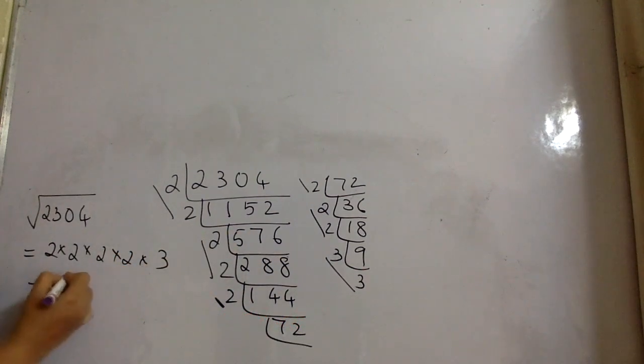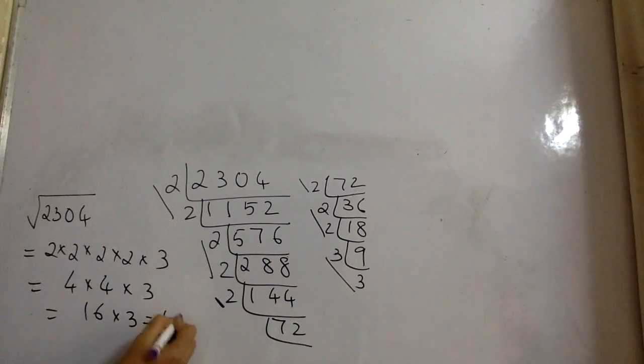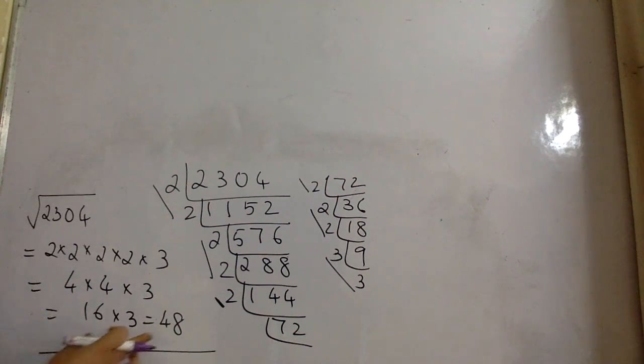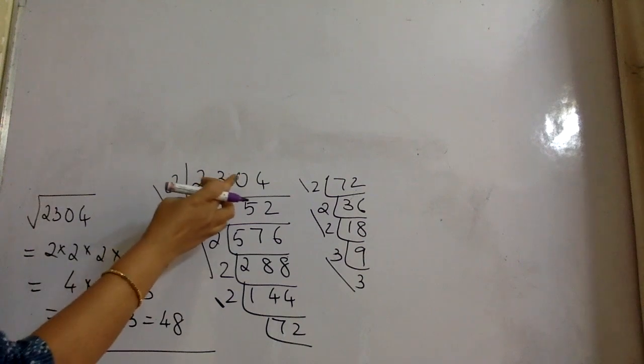Okay, that gives me 4 into 4 into 3, that is 16 into 3, that is 48. Okay, so this is my final answer. So 48 is the square root of 2304.